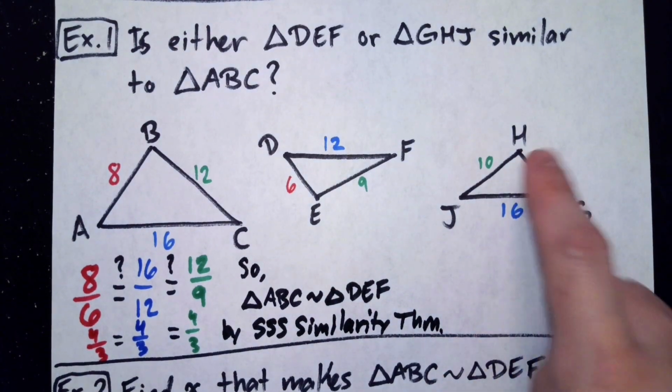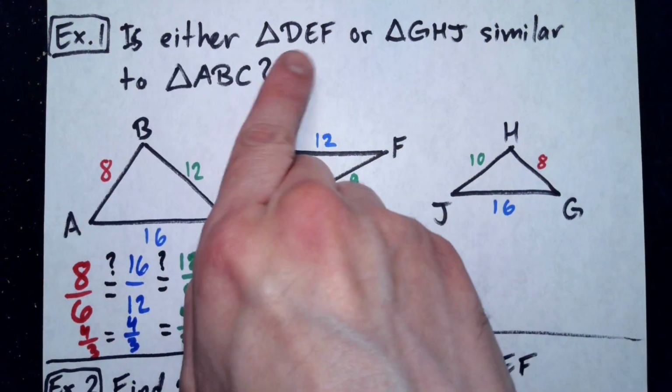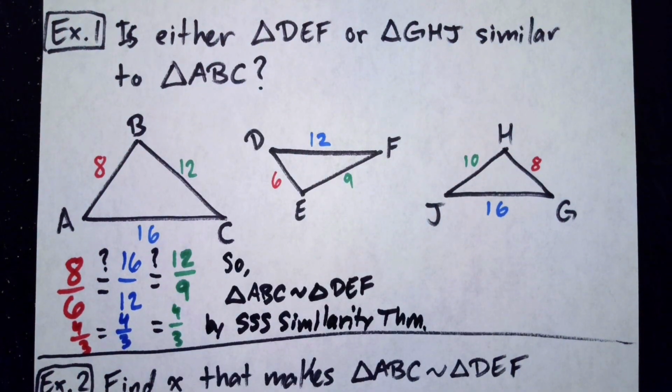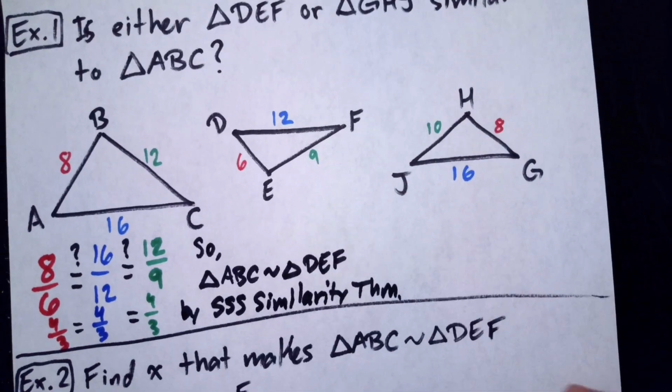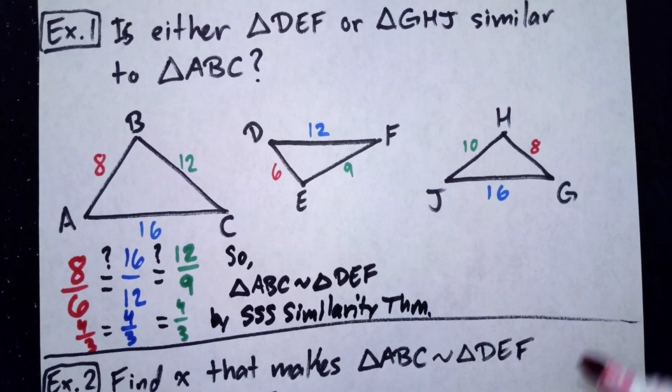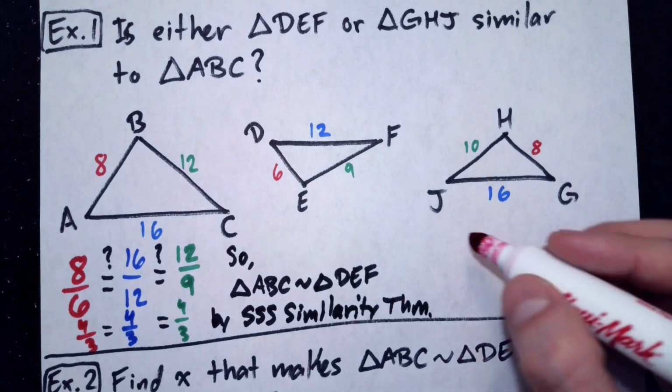And now let's check if this one is similar to it, but the way that they phrase this question probably leads us to believe that it's not going to be. But even then, let's go ahead and figure this out. So just like before, I'm going to try and set each number with its respective corresponding side. We're going to do 8 divided by 8.